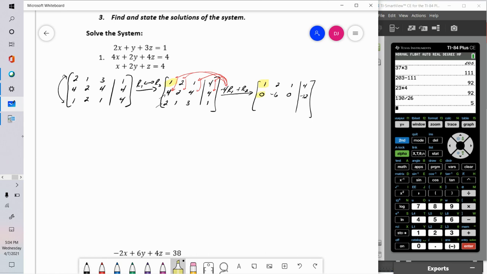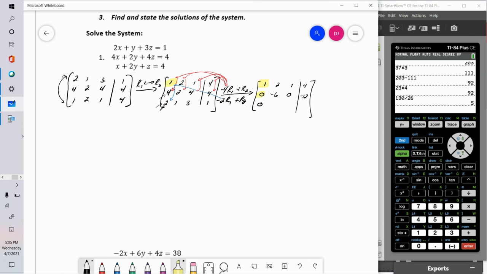To get the 0 here, I'm going to need to add a negative 2 to this 2. So I'm going to do negative 2 times row 1 plus row 3. Negative 2 times 1 is negative 2 plus 2 is 0.